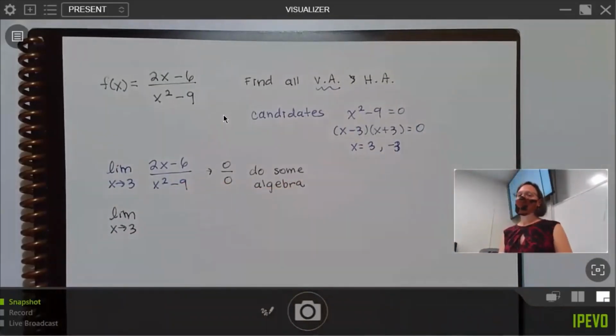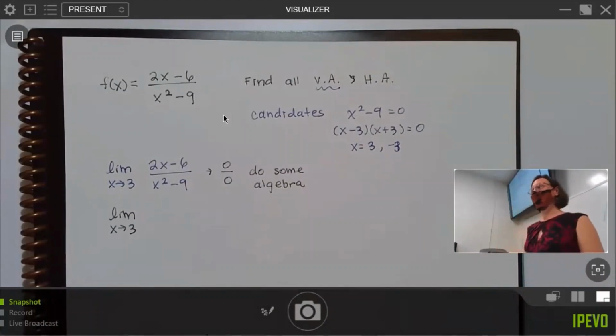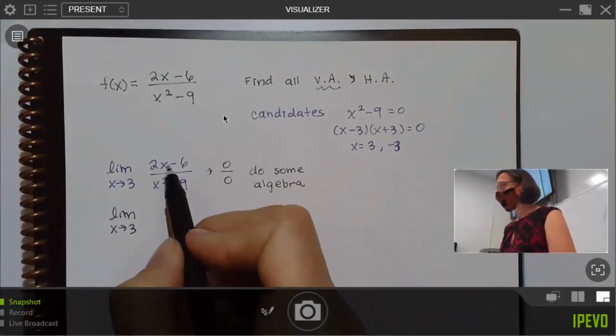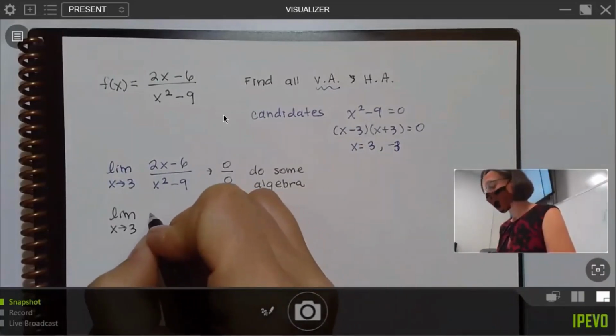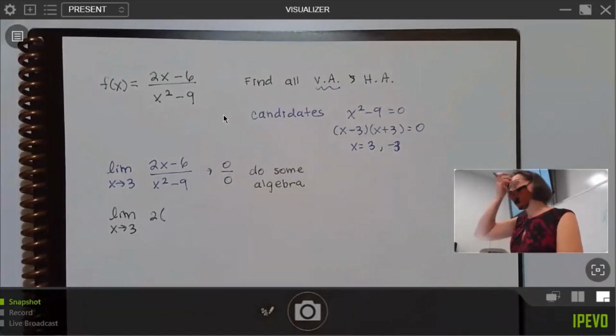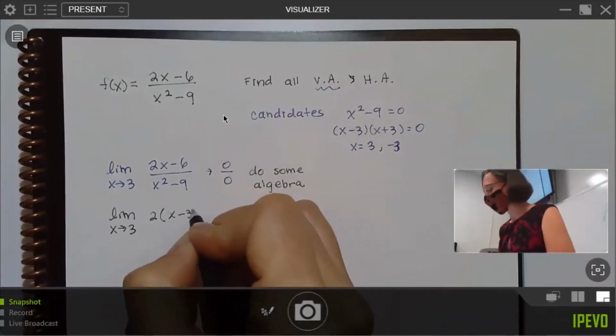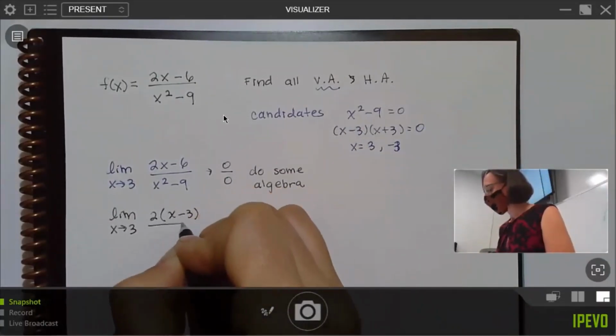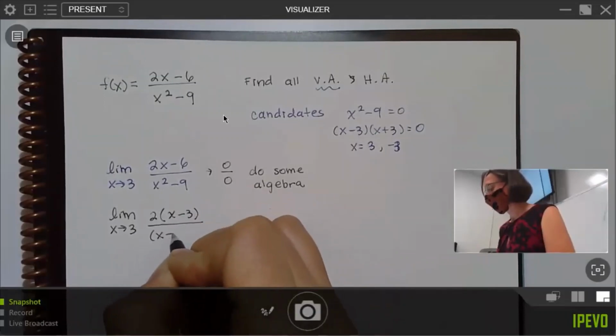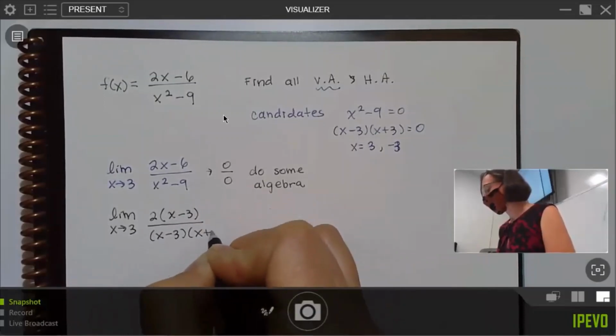And in this case, the algebra that I'm going to do is to factor. So in the numerator, 2x and -6 have a 2 in common, so I can pull that out, and I'd be left with x minus 3. The denominator, I already factored before, so that's x minus 3 times x plus 3.